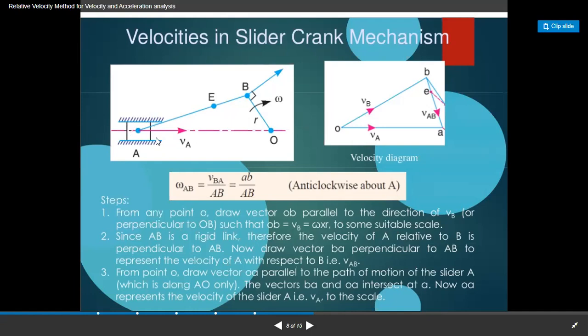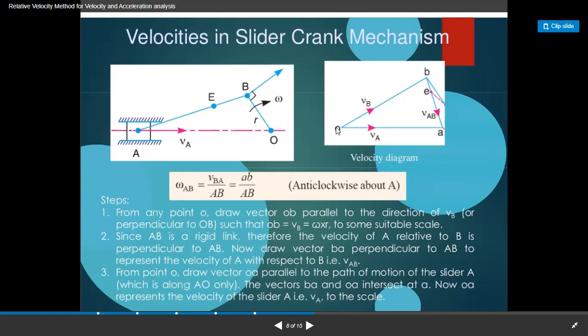Because the object A is a piston, and the motion of the piston is only reciprocating motion. So the direction of the velocity of the piston is horizontal. So draw a line from O horizontally and extend the line.